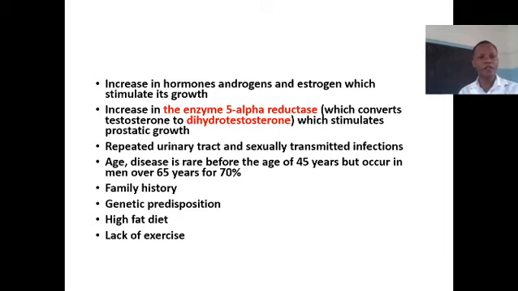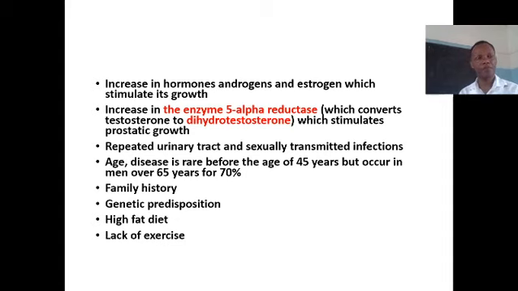Another is an increase in the enzyme 5-alpha reductase, which converts testosterone to dihydrotestosterone. This stimulates prostate growth. Another factor is repeated urinary tract infection or sexually transmitted infections.